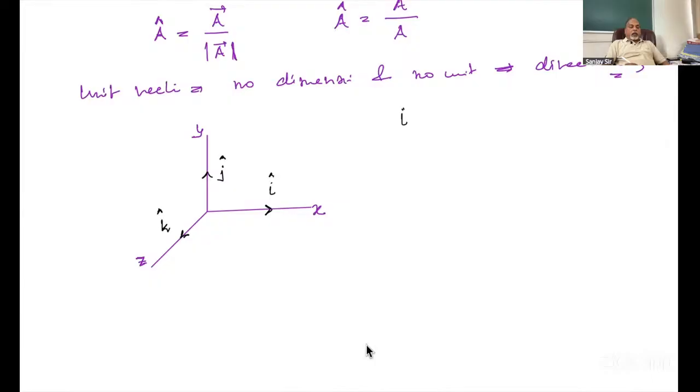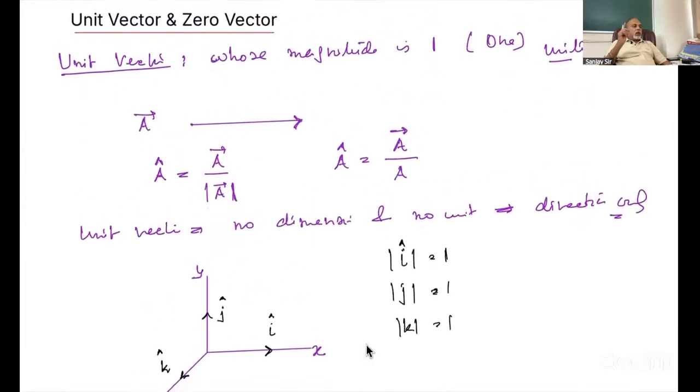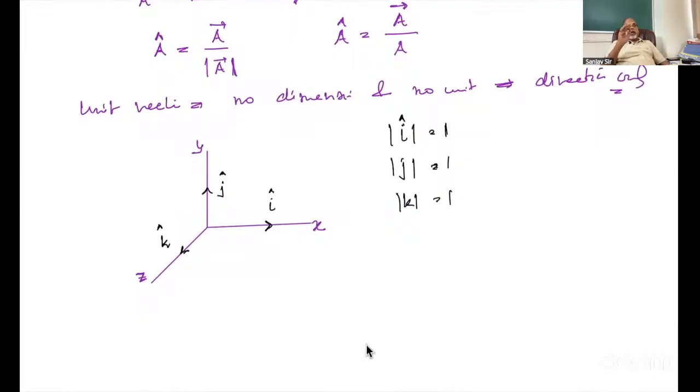I basically represents direction only. Magnitude of I is 1, correct? So a unit vector has magnitude 1, and it only represents the direction.